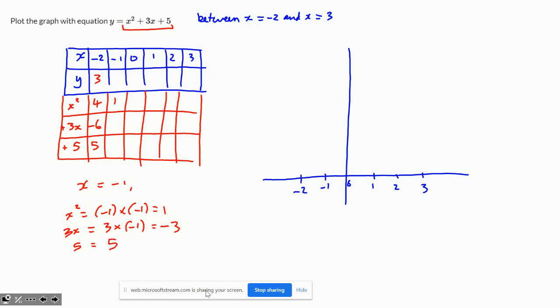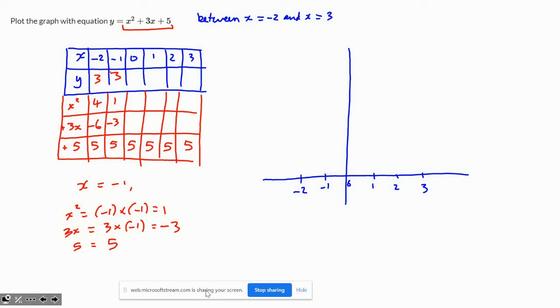So we've got 1, -3, and 5. And you can see quite quickly that this whole bottom row is going to be 5, because no matter what value of x we have, we've always got 5 there. So for when x is -1, our y value in this box here is going to be 1 take away 3, which is -2, add 5, which is 3.